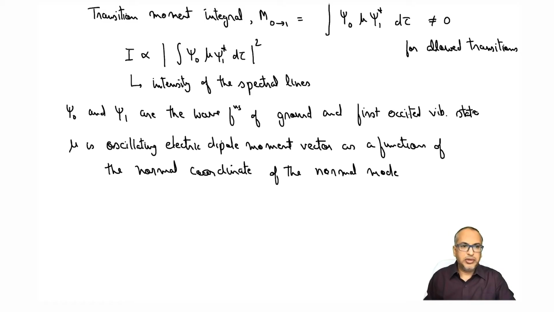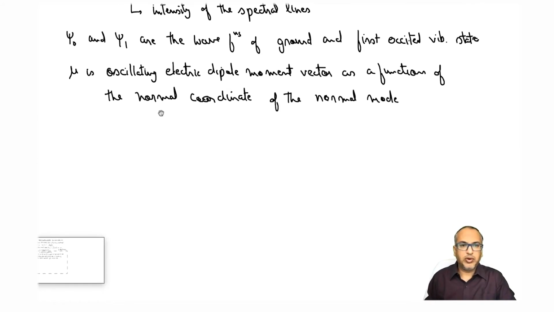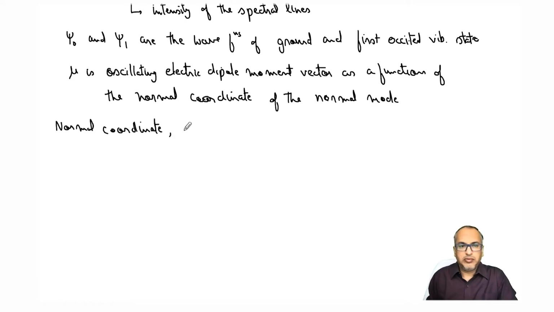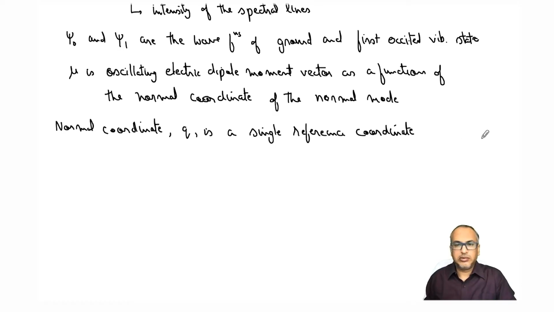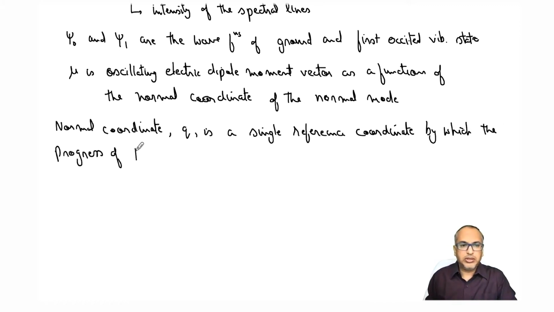So let's define this quantity, normal coordinate, by Q. We can say Q is a single reference coordinate by which the progress of the normal mode is followed.